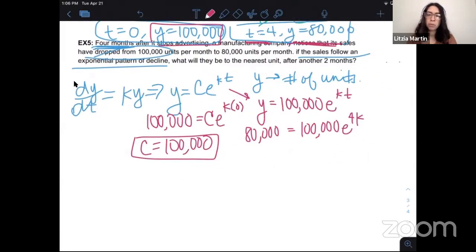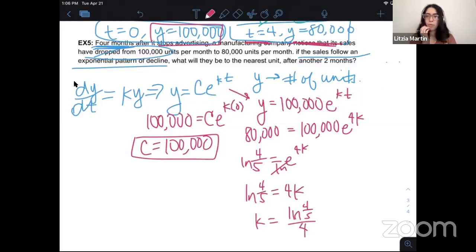That's going to give, simplified, 8 over 10, which is 4/5, equal to e to the 4k. We must take the ln of both sides. So ln of 4/5 is equal to 4k. And then we divide by 4. So k is going to equal ln 4/5 divided by 4.